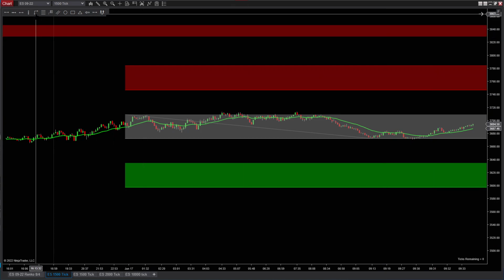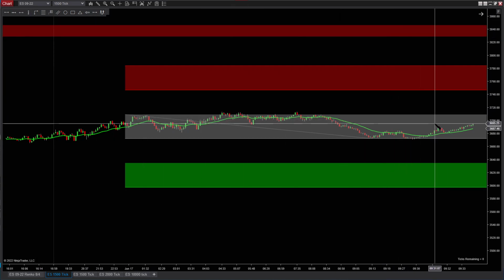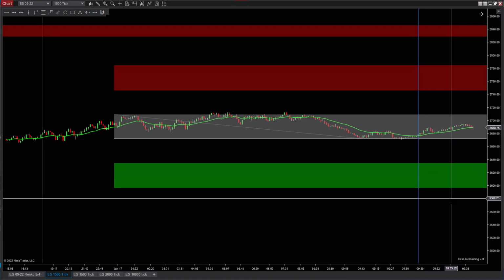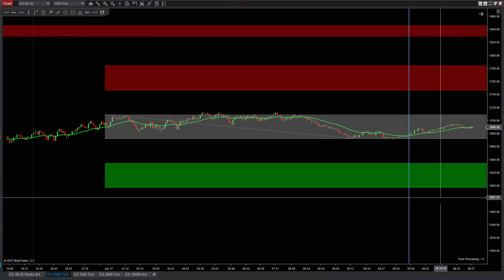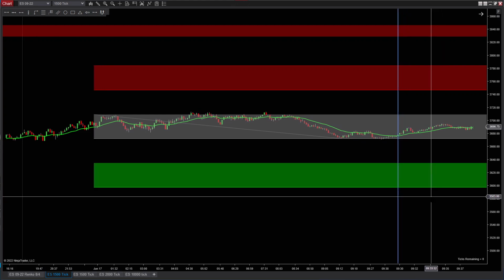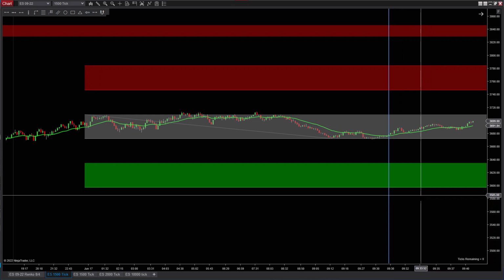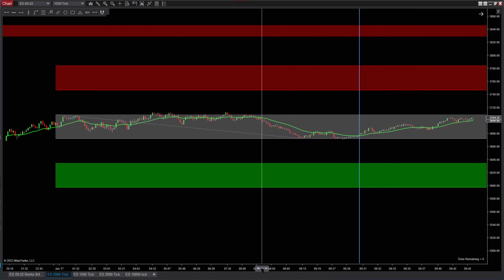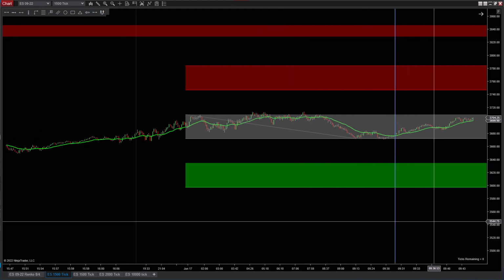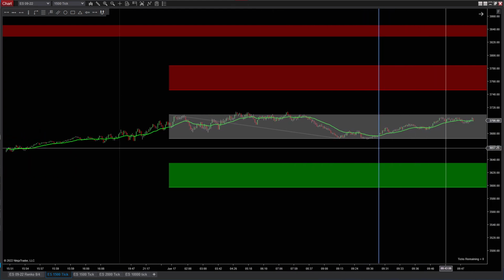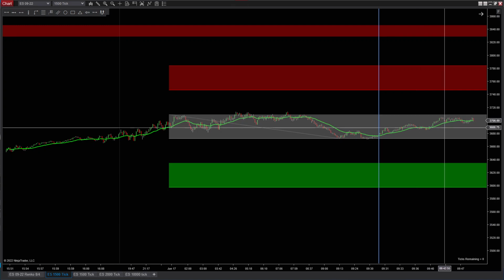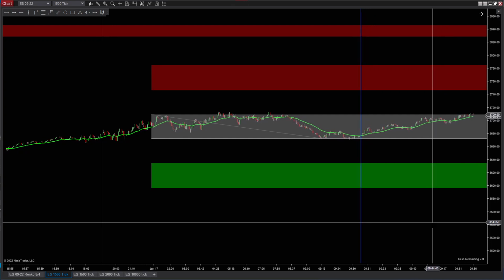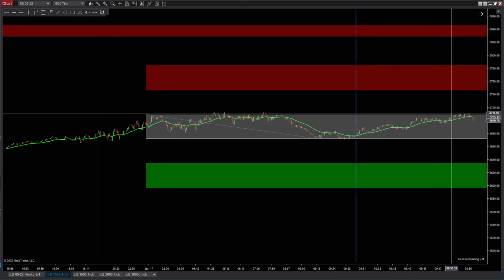I'm going to paint this one there, 9:30, right there, and then the opening range is up until 10 a.m. So you see it's in the range, facing a little bit of resistance up here in the upper side of the gray area, 951 resistance.